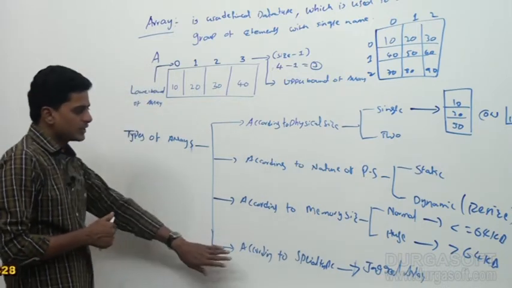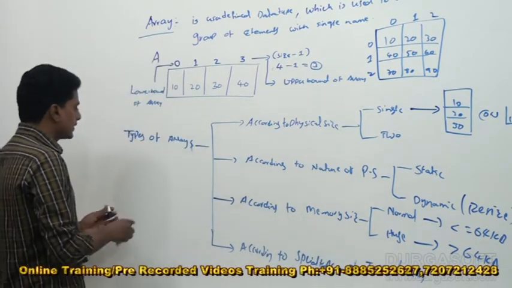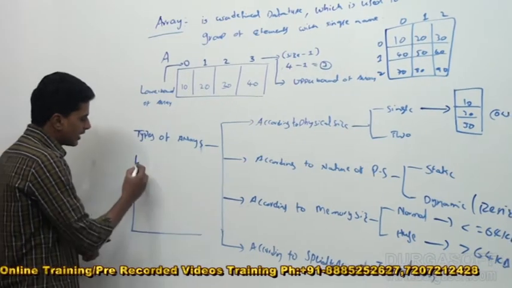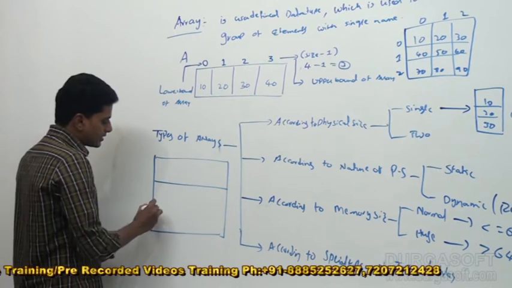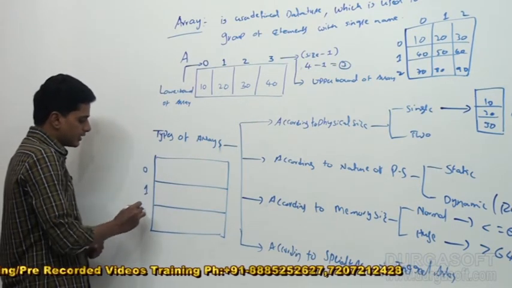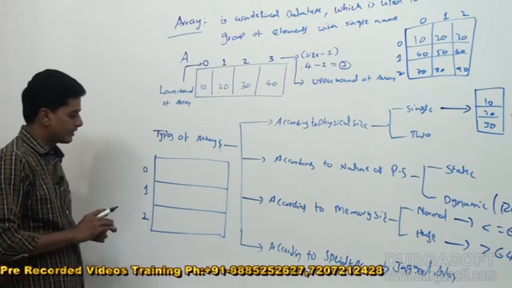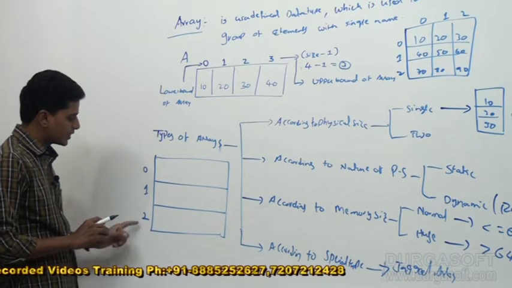I will show the difference between a jagged array and a two-dimensional array here. The jagged array scenario is like this. You can see this entire array is called one array, and this array has 3 different rows. In a jagged array, the number of rows is fixed. Here I am taking 3 rows: 0, 1, 2.